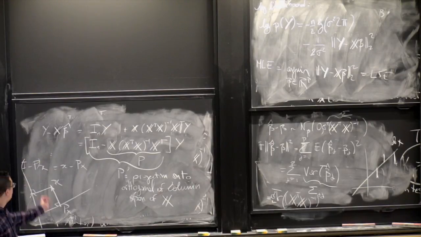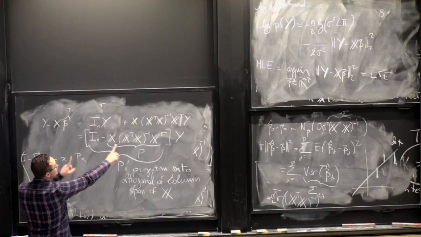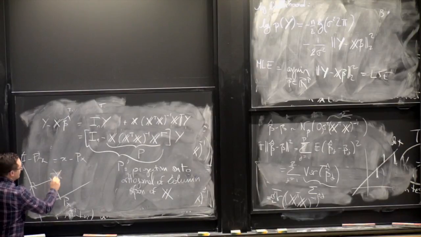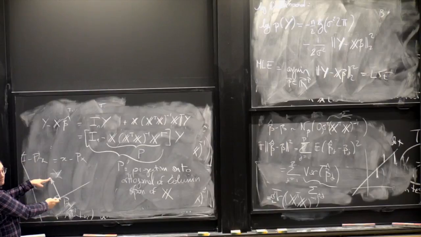In a way, this illustrates the Pythagoras theorem. When I want to compute the norm squared of this guy, if this is my Y and this is PX of Y, I'm really controlling the norm squared of this thing.